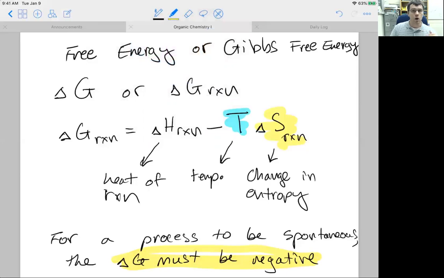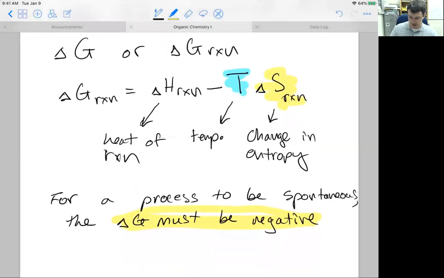Okay, now if we think about what makes something spontaneous, again, I said it before, we need an exothermic reaction, okay, releases heat into the surroundings, and we need something that has a high level of entropy. So if we think about the values there, a positive change in entropy, and a negative change in enthalpy or heat of reaction.